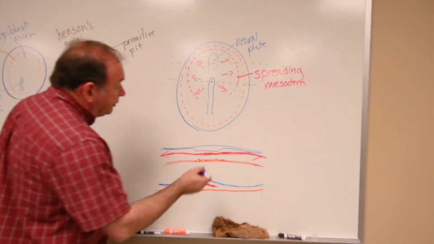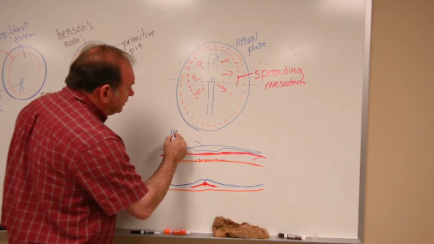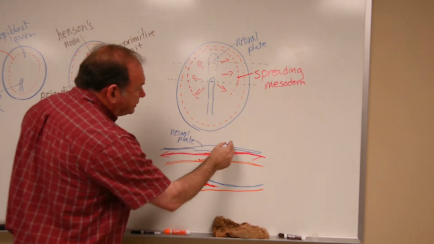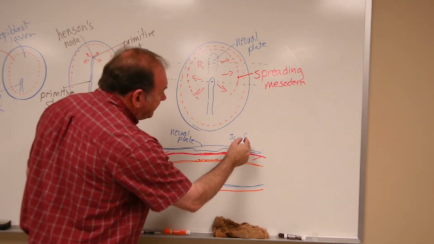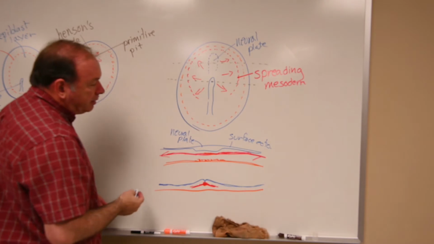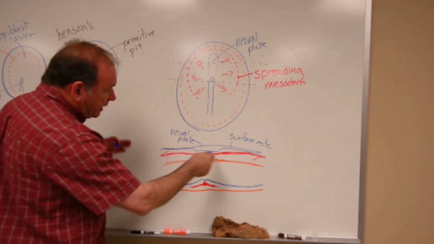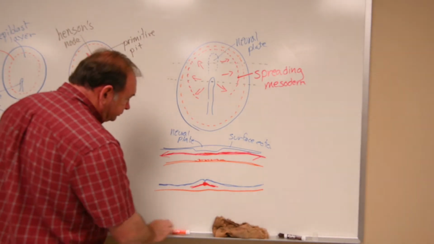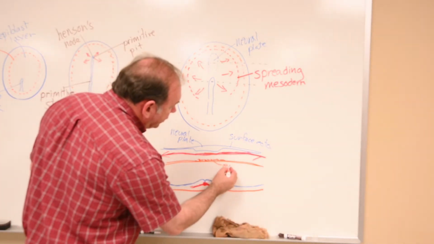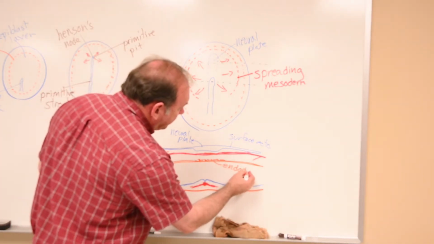So anyway, this is neural plate ectoderm, this is surface ectoderm. I'll abbreviate with ectoderm there. We have our spreading mesoderm. We have the beginning of our endoderm that will form our gut.